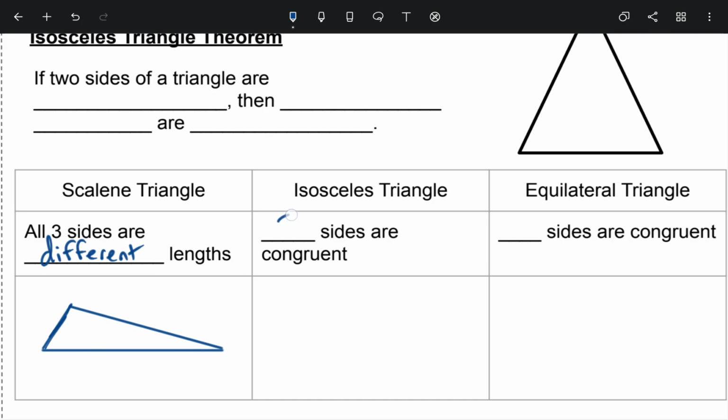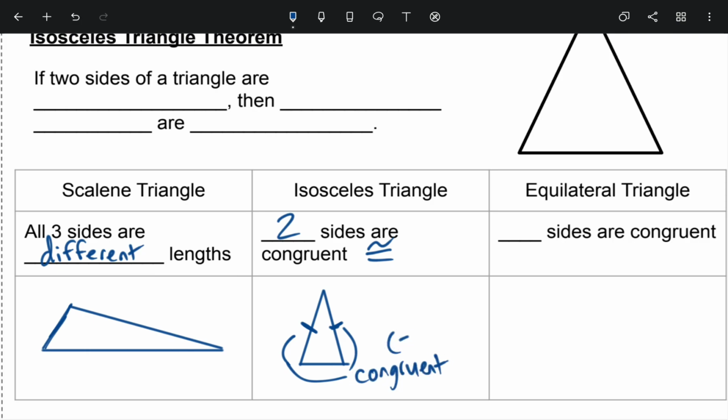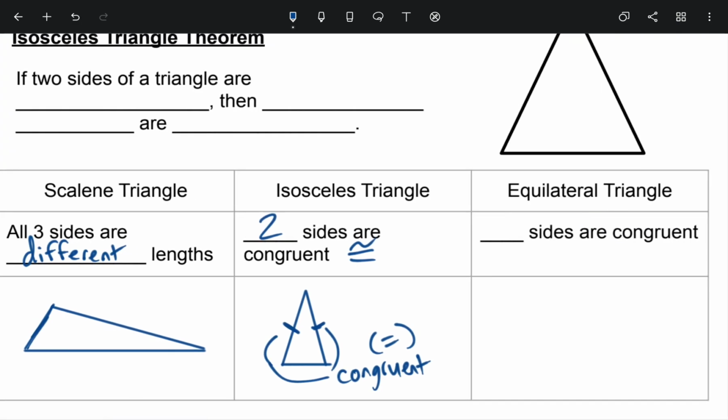Isosceles triangles have two congruent sides, and we can usually use these little tick marks to indicate that these sides are congruent or equal. The third type of triangle is an equilateral triangle, which you could probably figure out from the name. All three sides are congruent, so all three sides are the same length.